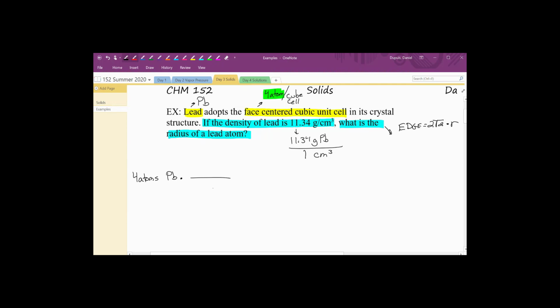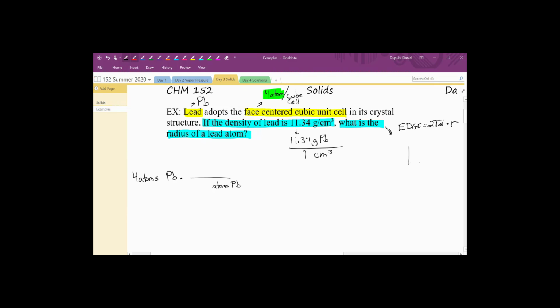We know atoms of lead go on the bottom. What should we go to on top? Well, I kind of want to know a volume of my cell.